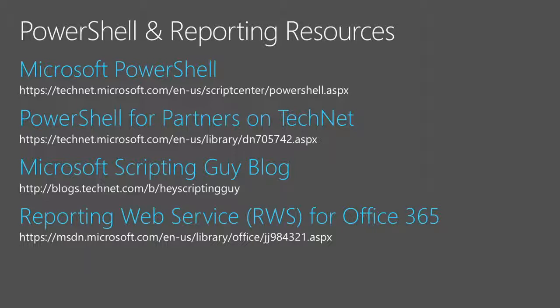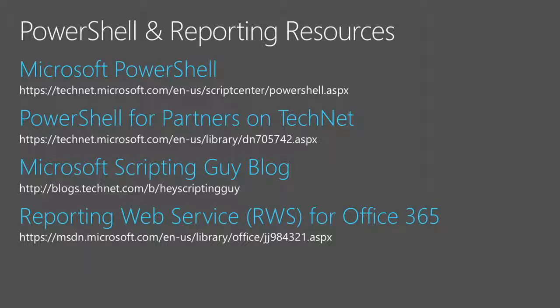Additionally, like I mentioned earlier, Ed Wilson, the scripting guy, has a blog called Hey Scripting Guy, a wealth of information that is regularly updated. I found out, and I have it on my phone, there's now a mobile app for his blog, so it lets you know exactly when things get posted. It's a pretty valuable app. And then finally, the reporting web services.